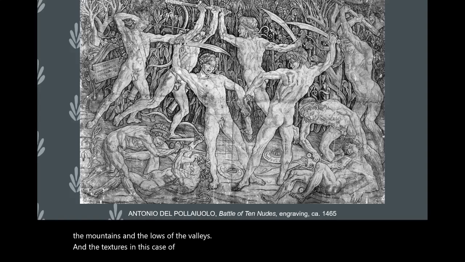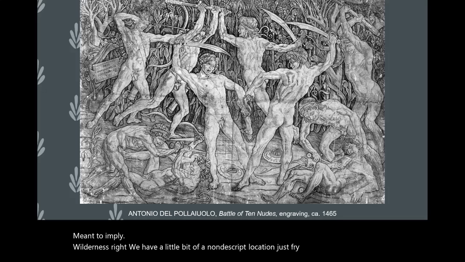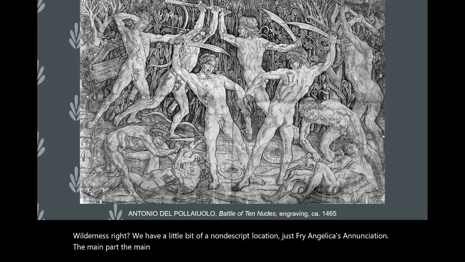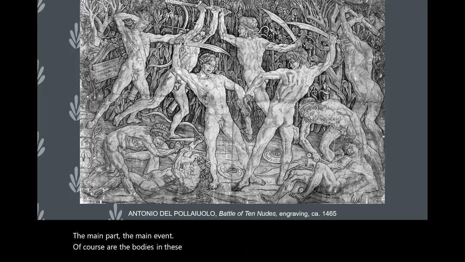So we have kind of a forest of grapevines and trees in the background, meant to imply wilderness, right? We have a little bit of a nondescript location, just like Fra Angelico's Annunciation. The main part, the main event, of course, are the bodies in these various poses that he has prepared.